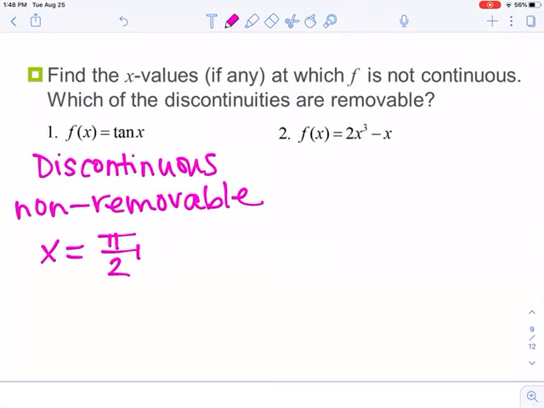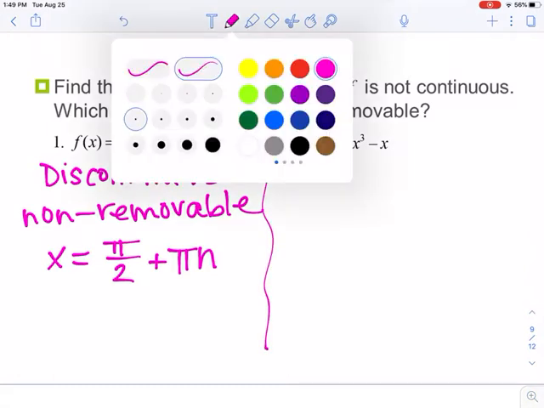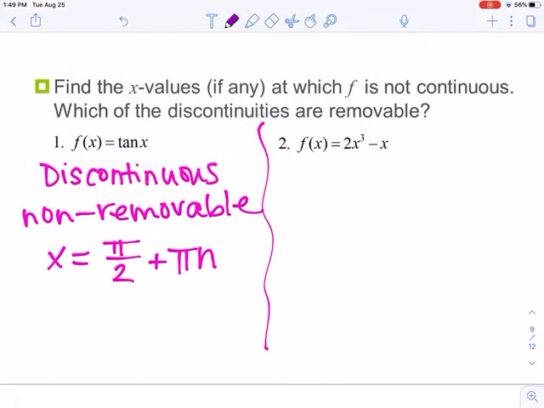They're occurring at negative pi over 2, pi over 2, 3 pi over 2. So we're going to say that they're occurring at pi over 2 plus pi n. Negative pi over 2, 3 pi over 2, etc. Okay?